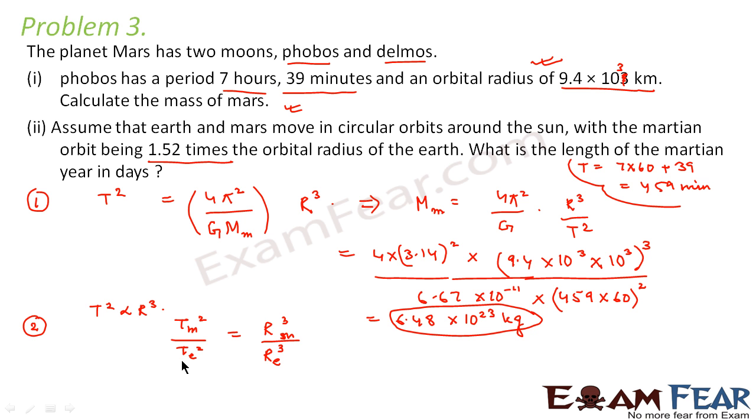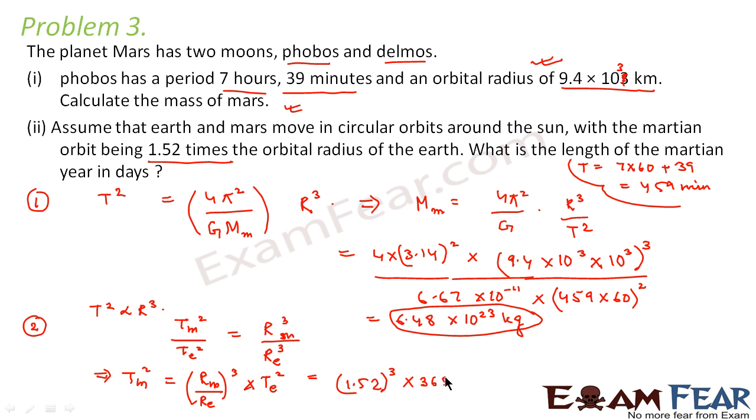From here I can say Tm square is equal to Rm by Re whole cube into Te square. Now in this, Rm by Re is given as 1.52. So this is 1.52 whole cube into time period for Earth, that is Te, which is 365 days.